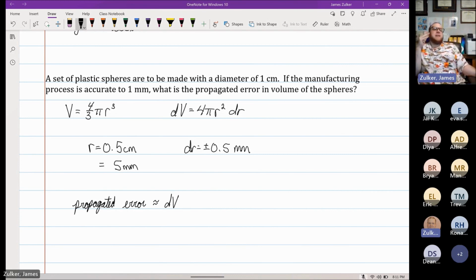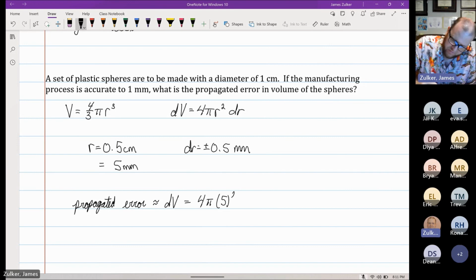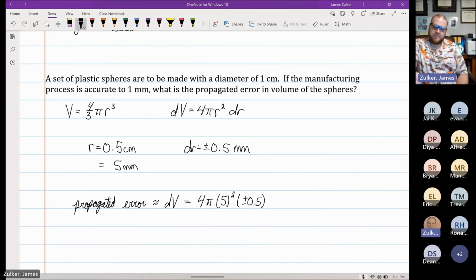We can approximate the propagated error by dV. 25 times 4, right? 100 times pi times plus or minus 0.5.